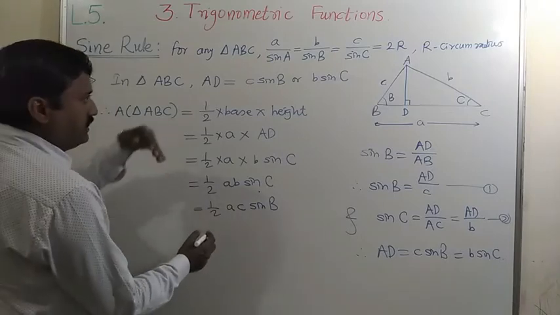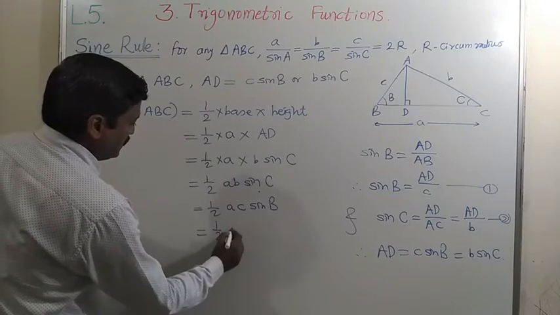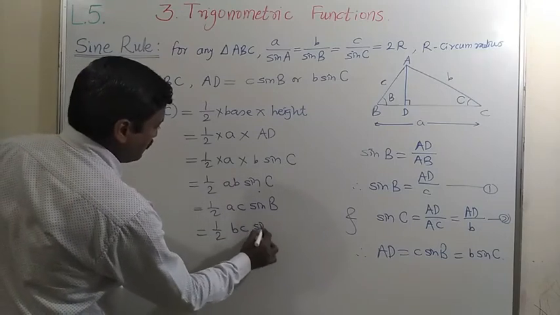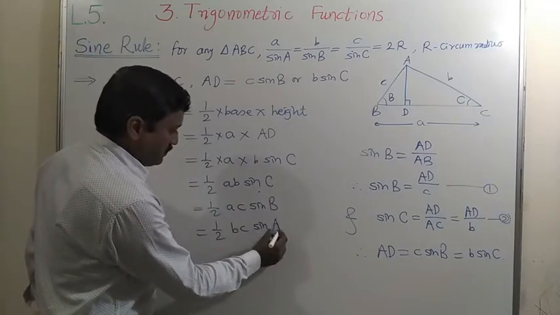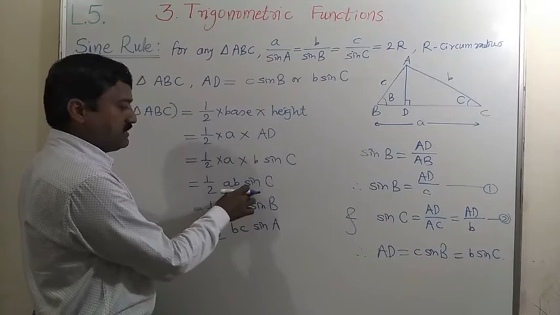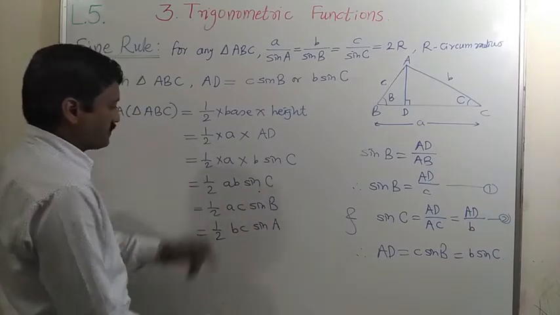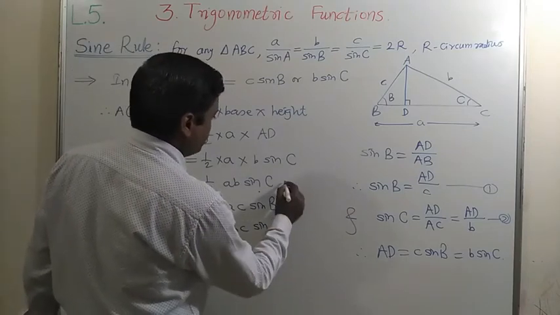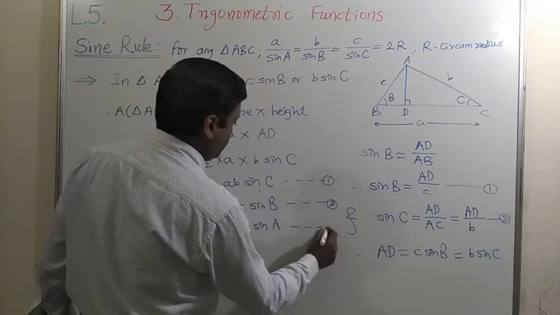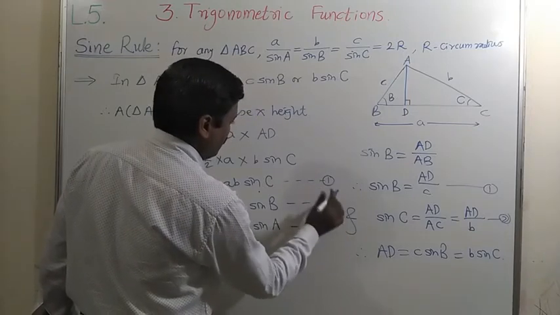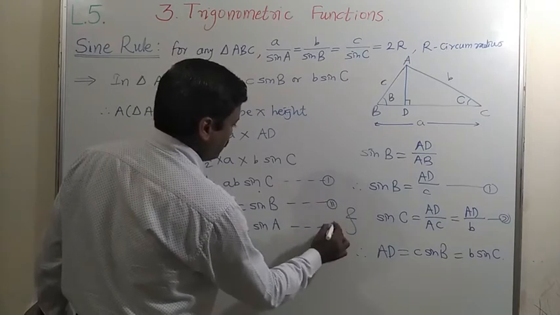In this way, if we draw another height, then we get 1/2 bc sin A. This means we have these three different results, which include sin A, sin B, sin C. So we get the area of the triangle in terms of sin A, sin B, sin C in these three different results. Let us consider these results as our first, second and third equation.